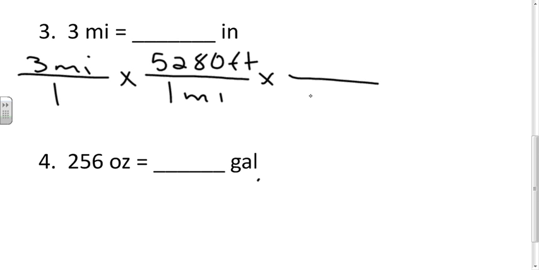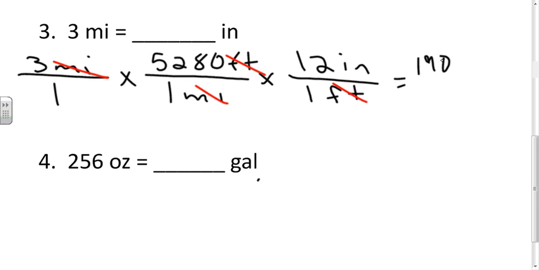And I know 1 foot is made up of 12 inches. My units will cancel out here: miles, miles, feet, feet, leaving me with inches. 3 times 5,280 times 12. A lot of inches here. 190,080 inches in 3 miles.